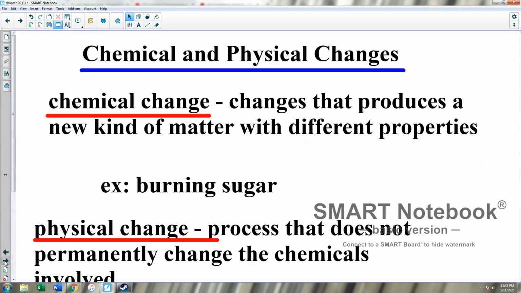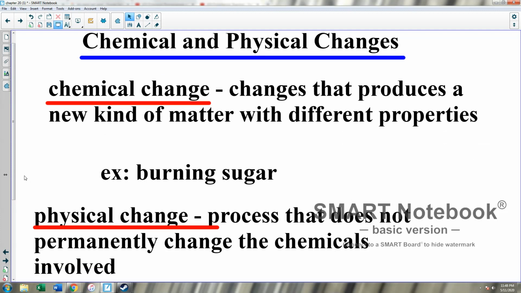And people kind of get this confused with a physical change. So a chemical reaction or a chemical change has to turn one kind of matter into a different kind of matter. So mixing does not constitute a chemical change.